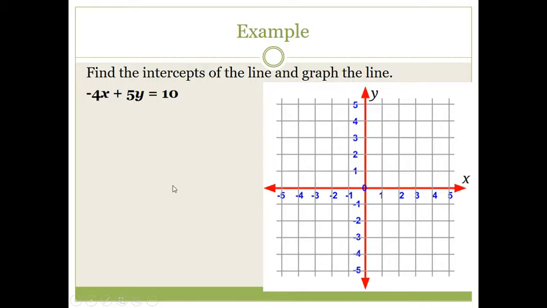How about we try to find the intercepts of the line and graph this equation.